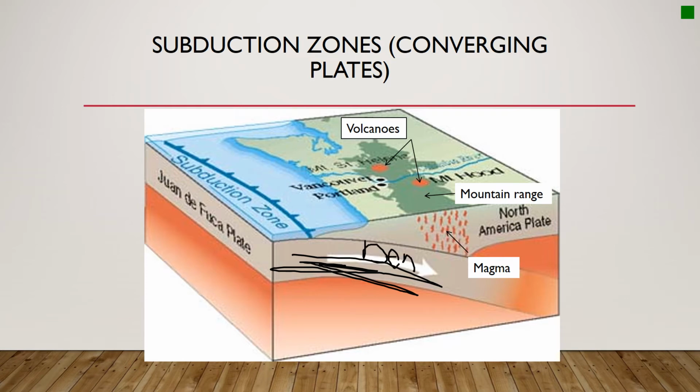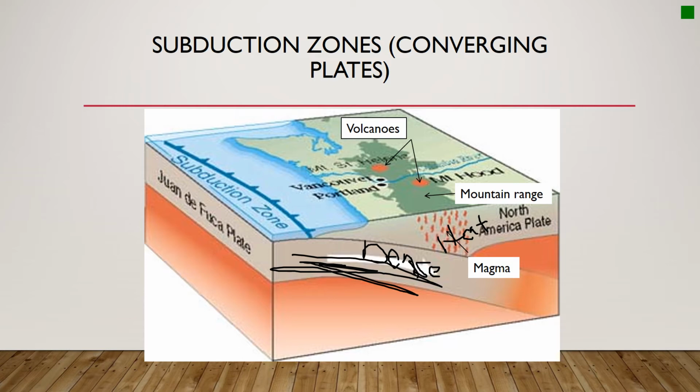Yes, it's not easy to write with a mouse. And then we have the lighter or not as dense continental crust staying on top. You've got heat here. And of course, that causes volcanoes, which then cool and form mountains and things like that.